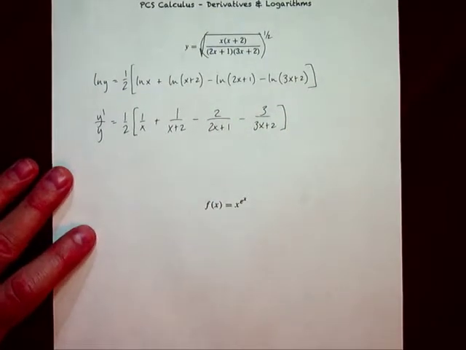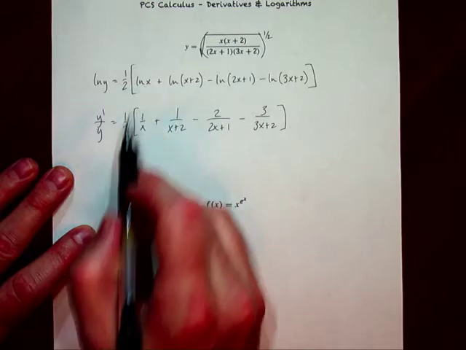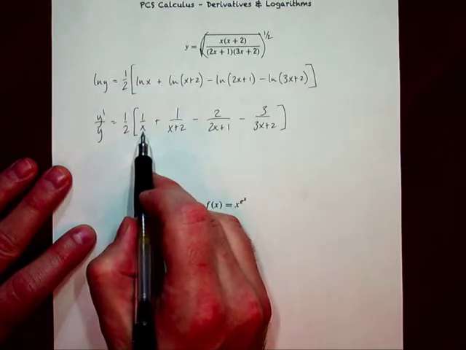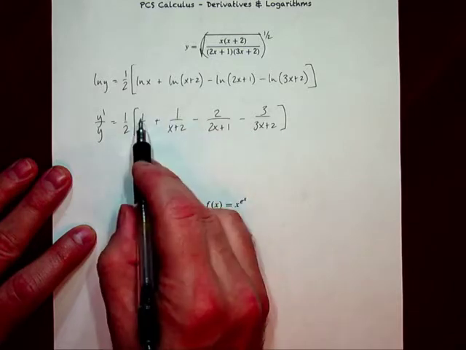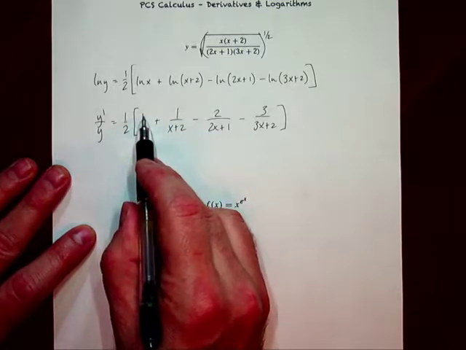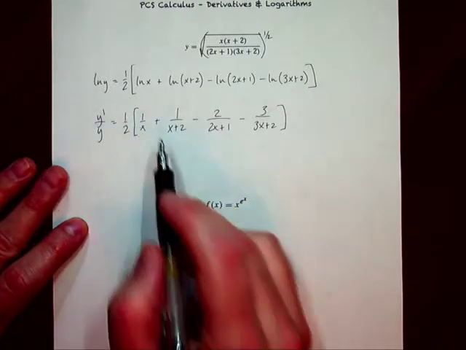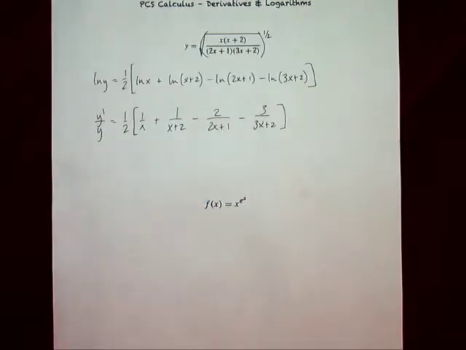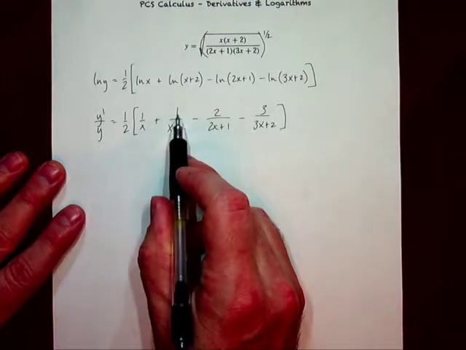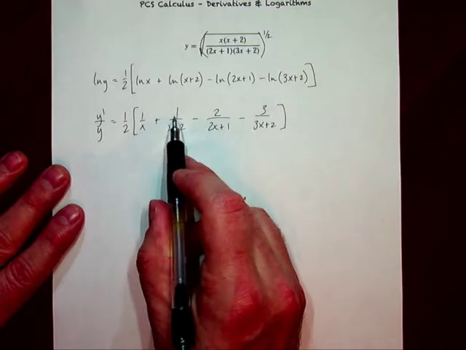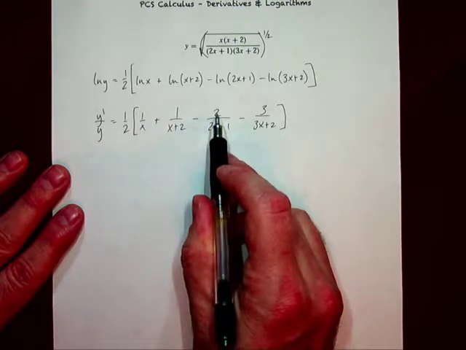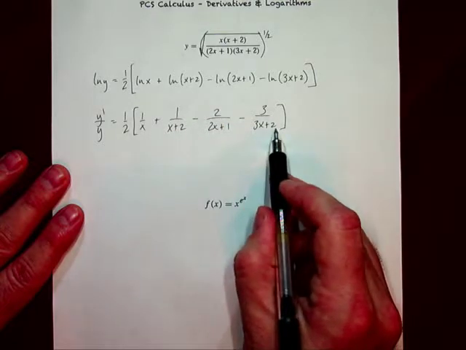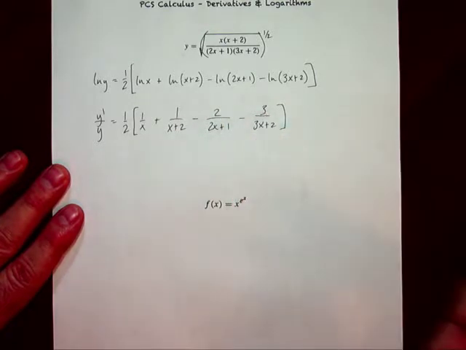Because each one of these, you take the argument, throw it in the denominator, and if necessary, put its derivative over it. I guess you do have the derivative of x up here, we just don't usually talk about it that way because it's nothing more than just x. And you do have the derivative of x plus 2 up here in the numerator. But you do need, very specifically, the derivative of 2x plus 1 up here, which is 2, and the derivative of 3x plus 2, which is 3, up here.